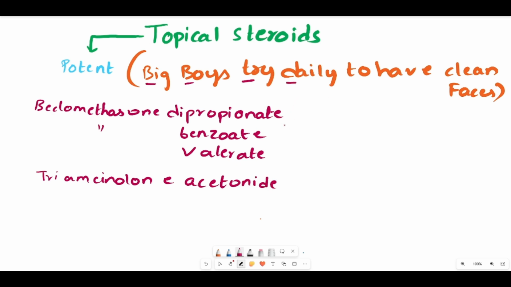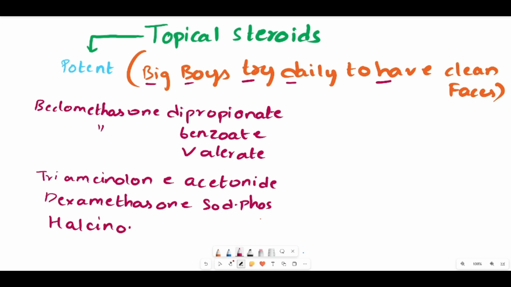Then we have D, and the drug here is dexamethasone sodium phosphate. Next we have H, which means halcinonide. Then we have C, which means clobetasol propionate.